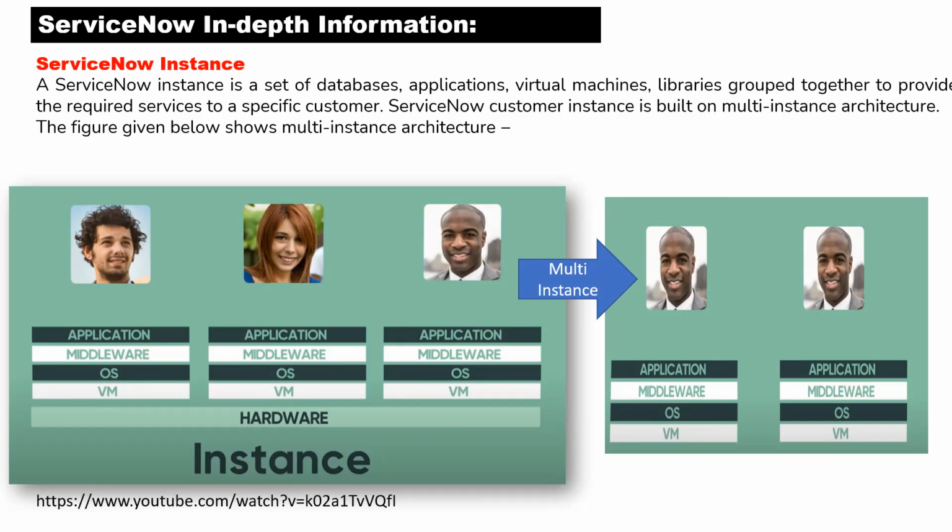So the middleware provides the communication between them. And there is a virtual machine. VM is a virtual machine, which contains the operating system, and that operating system communicates with the middleware, and the middleware communicates with the application. And there is hardware. The hardware is your storage, where the database is saved, correct?